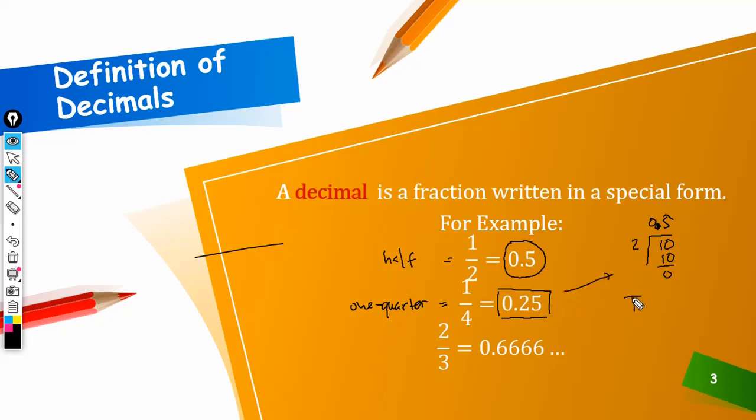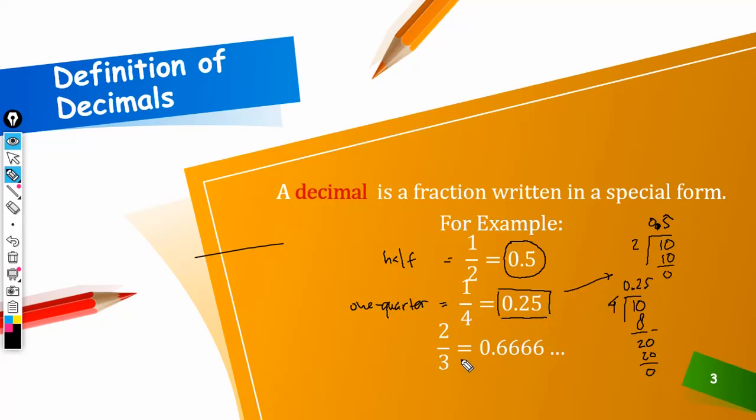So 1 divided by 4, 0 point, and you add 0 after 1, and then 10 divided by 4 is 2, 2 times 4 is 8, you subtract them, you get 2, and then you add 0, 20 divided by 4 is 5. So you get 0.25.